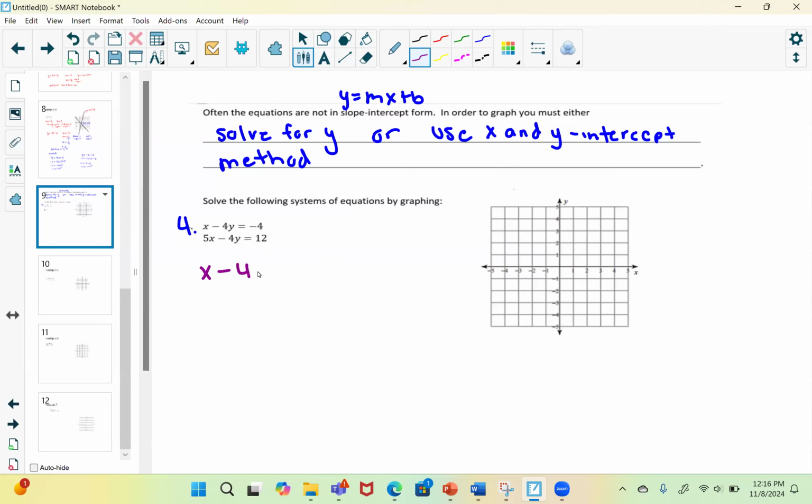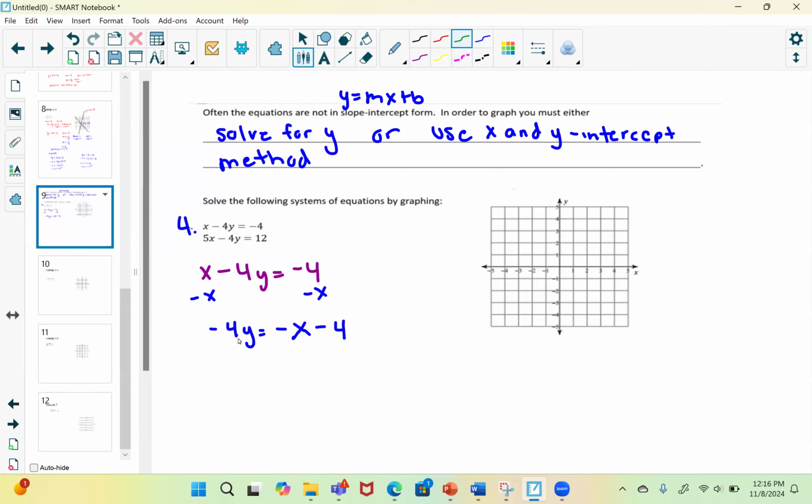I have x minus 4y equals -4. I need to change this to slope-intercept form to be able to graph it. So to get this, we solve for y. To do that, we subtract x from both sides. We get -4y equals, we're gonna put the x first, -x minus 4.